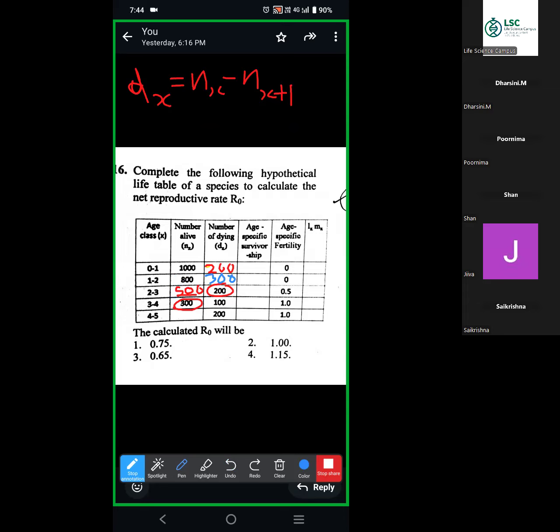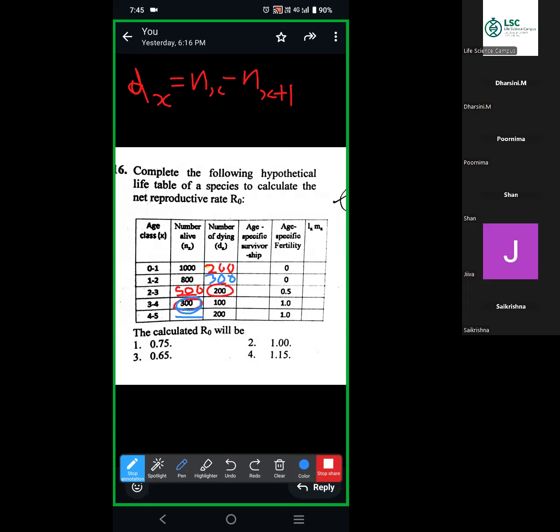Now we want to find out nx in the last age class. How to find out nx? We have 300 individuals in the fourth age class.